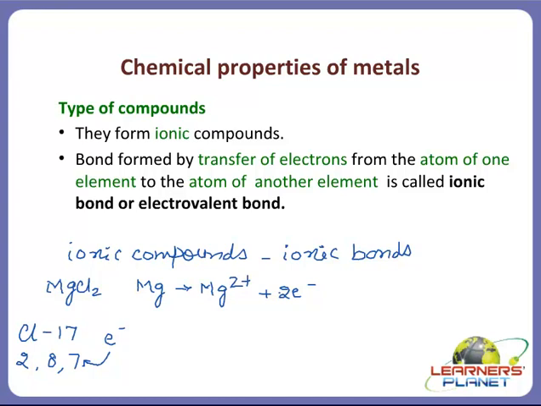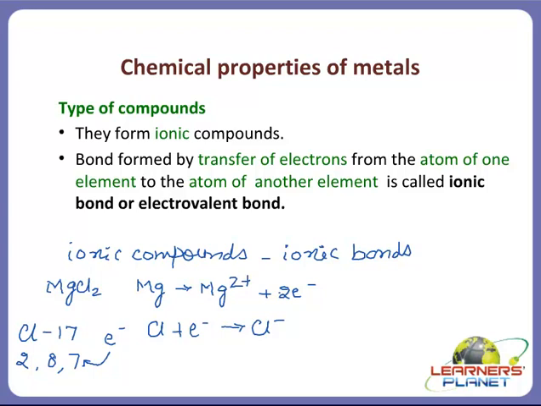After gaining 1 electron, what will be the configuration of chlorine? 2, 8 and 8. So magnesium is losing 2 electrons, and chlorine can gain an electron. So what happens here is that Cl takes up an electron and forms what? Cl minus ion.